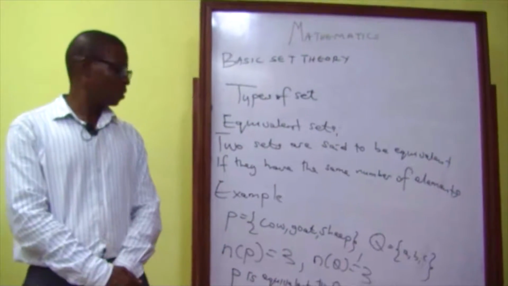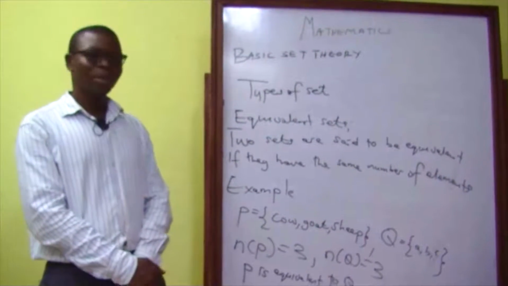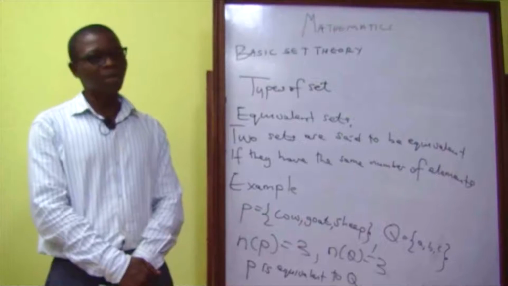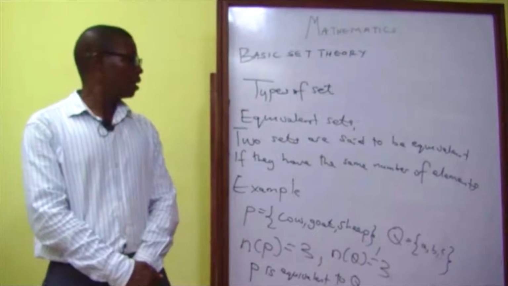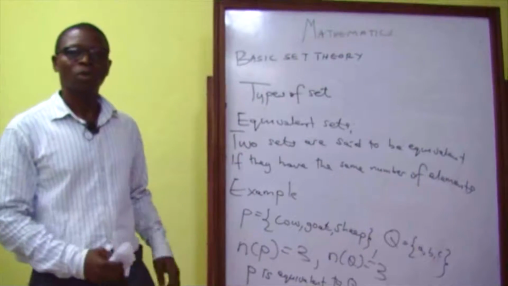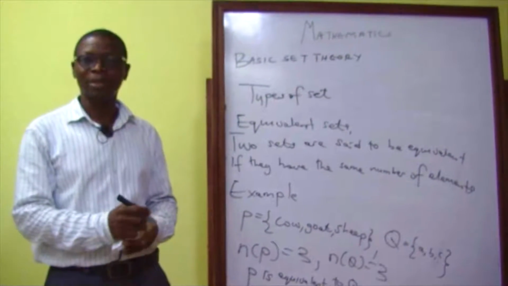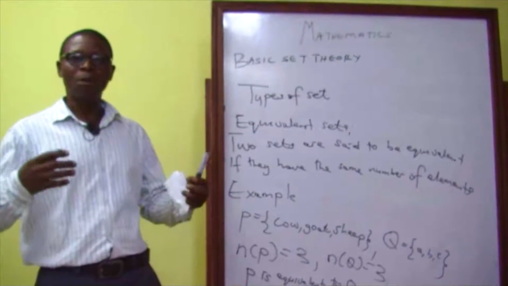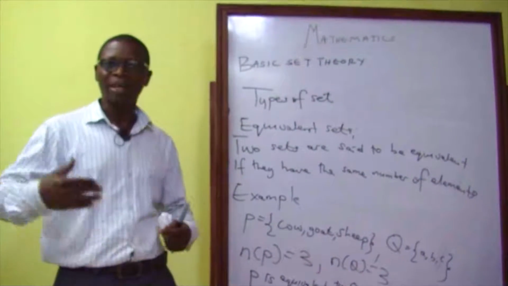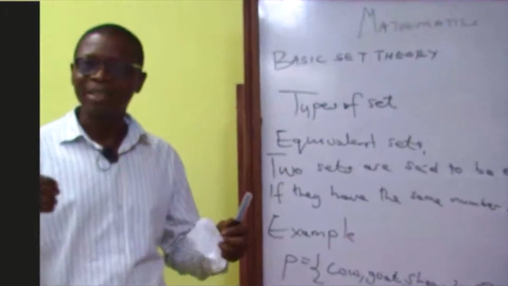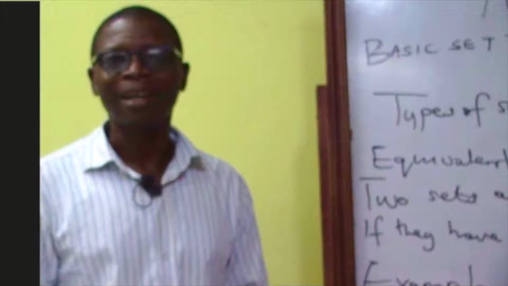Good question. We want to know the difference between equal set and equivalent set. If you look at the equal set, it is content based. It means when we have two sets P and Q, for them to be equal, the content must be identical.